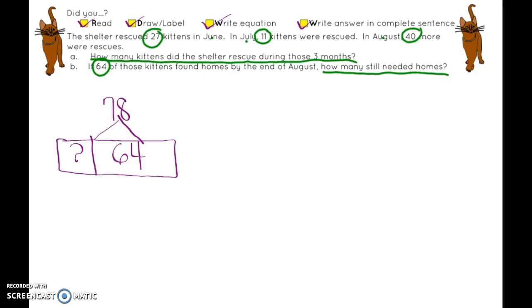In the problem, we now know that there were 78 kittens all together for those 3 months. In problem B, it tells us that 64 of those kittens found homes. Now we need to find out how many of those kittens still need to find homes.